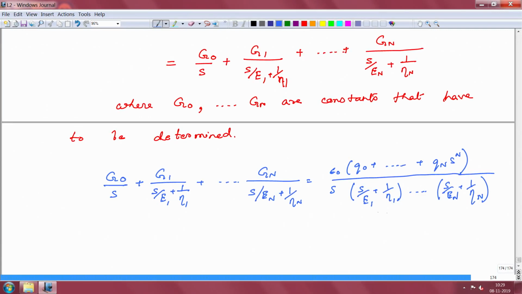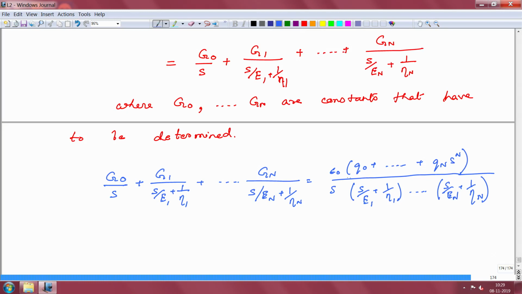So, you can take this entire denominator, bring it over here, multiply this, and both sides will be polynomials, with powers of s going from 0 to n.